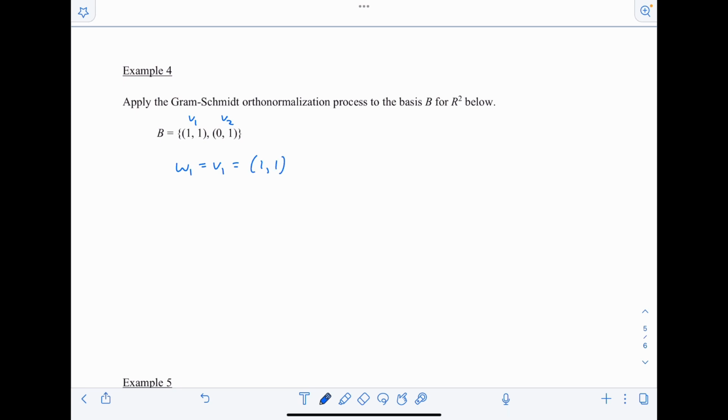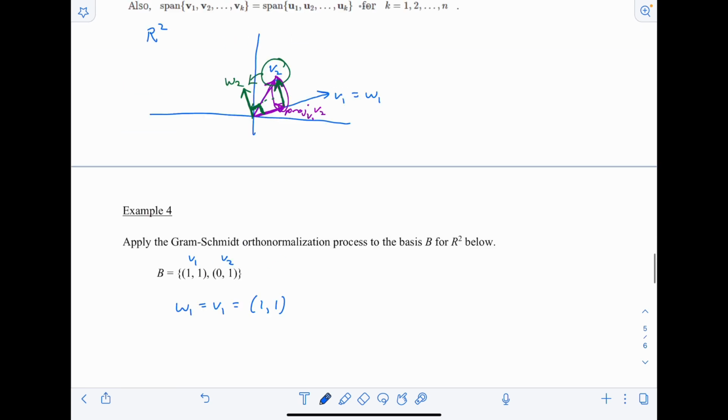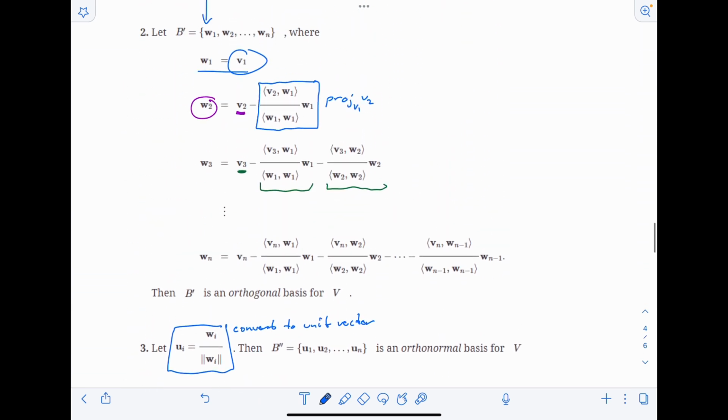Then I want to now create W2. So to create W2, we're basically going to run this formula up here. I need to take V2 minus the projection of V2 onto V1.